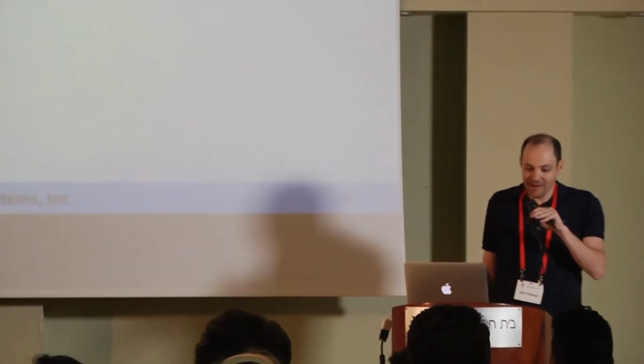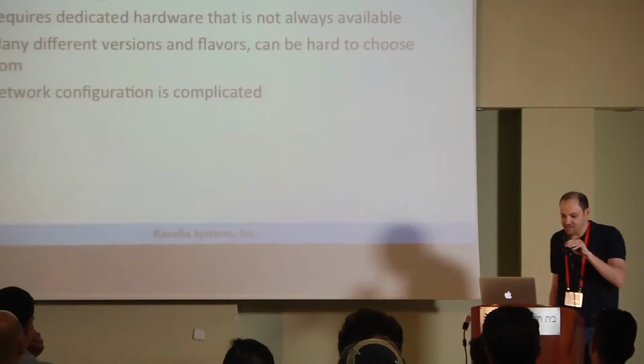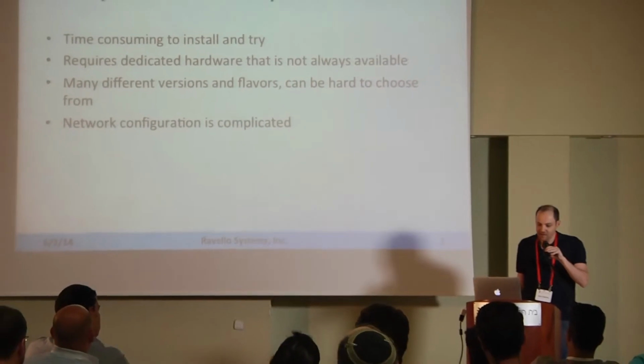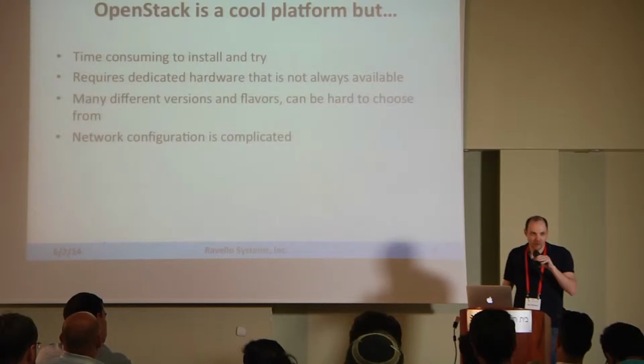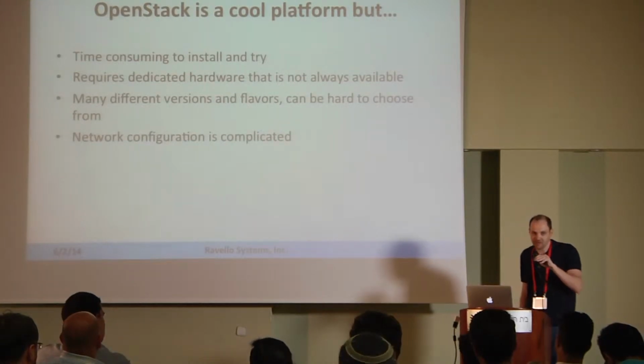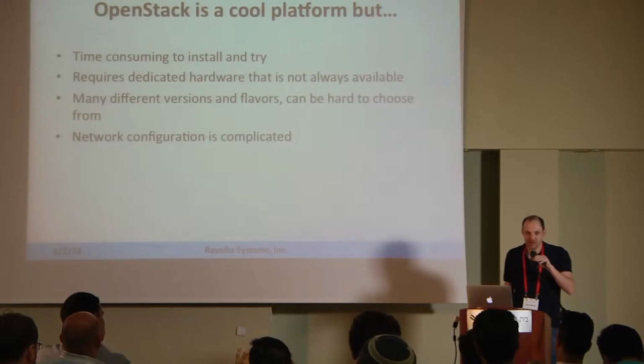Okay, this slide is actually quite boring. OpenStack is a cool platform, but it's hard to use. Let's talk about my experience as a developer. As a developer, I have many different environments to play with. I have a source control, for example, when I check in, check out new versions, and I also have multiple branches on my production environment.